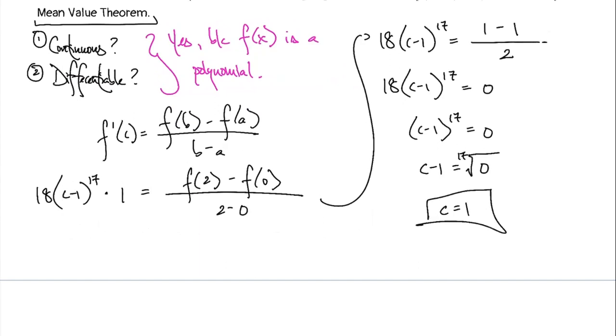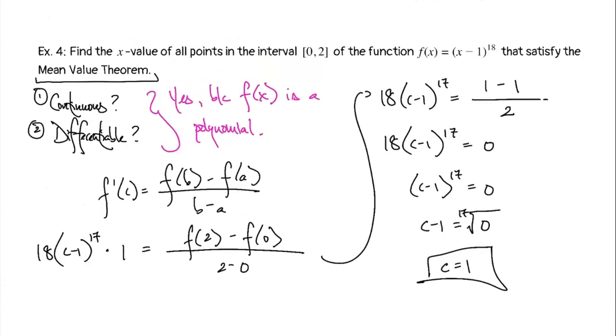And it turns out that there is only one place where the slope of the function is going to be the same as the slope between 0 and 2. Okay.